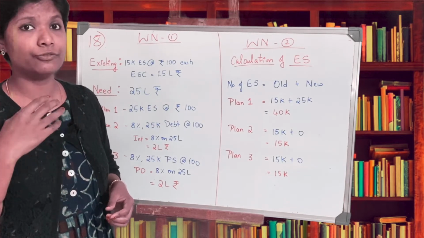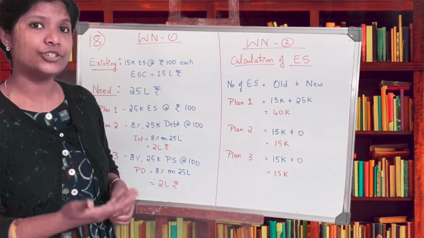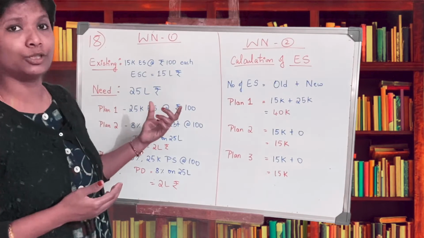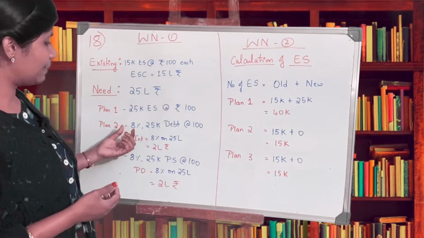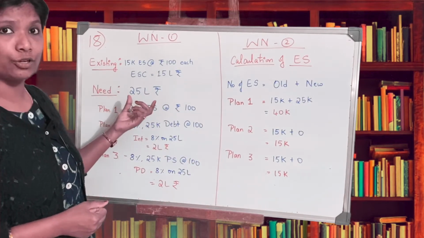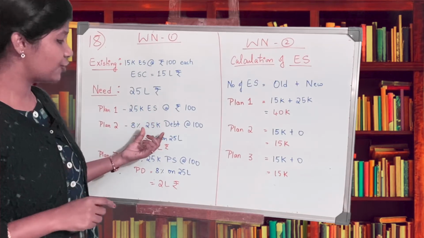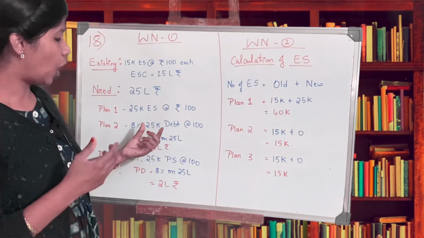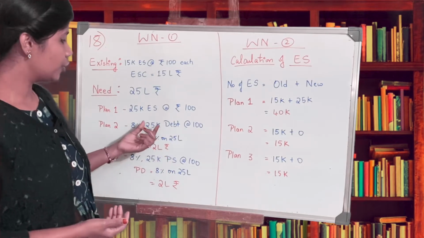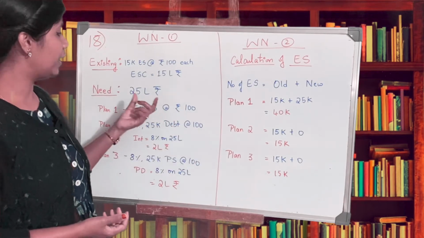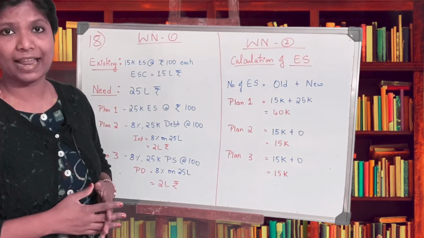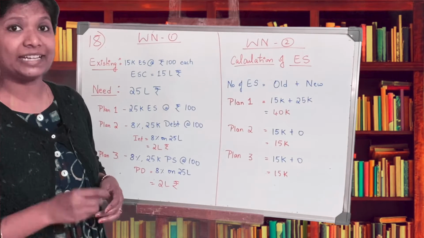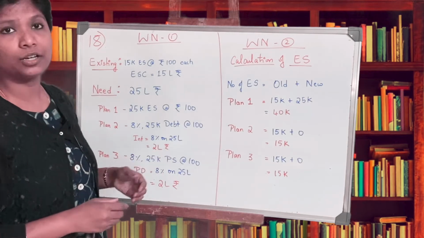So it's better to first calculate how much interest we are liable to pay if we raise our needed capital through debenture. So 8% on 25 lakh rupees, not 25,000. It is just the number of debentures, not the debenture capital. How do I get debenture capital? 25,000 into 100 again comes back to 25 lakh rupees. So 8% on 25 lakh rupees will arrive at interest 2 lakh rupees.